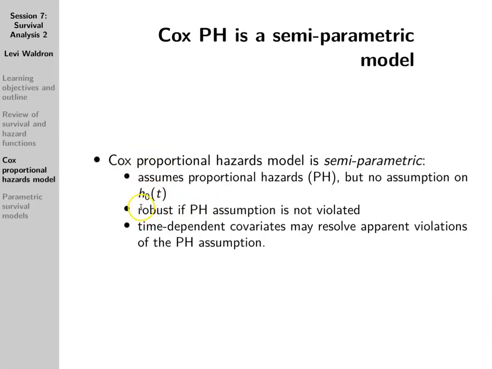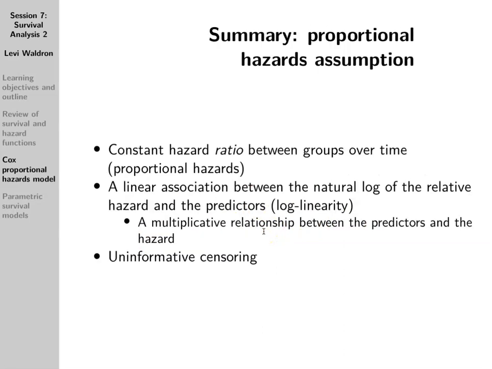So it is a robust approach if this proportional hazards assumption is not violated. If it is violated, then time-dependent covariates can be a solution for resolving apparent violations, and we'll talk about that a bit.